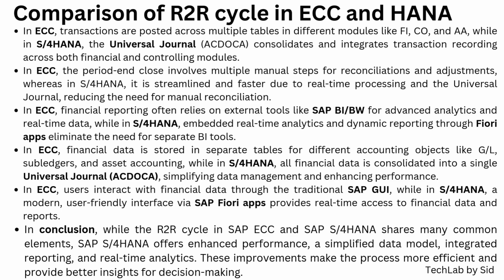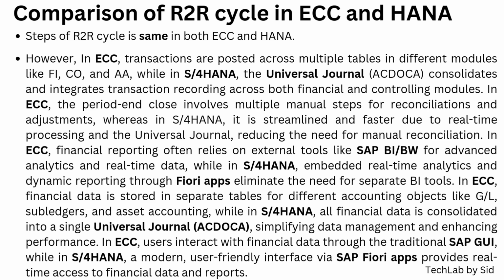Lastly, S/4HANA provides a modern, user-friendly interface through SAP Fiori, in contrast to the traditional SAP GUI in ECC. Overall, S/4HANA enhances the R2R cycle with real-time processing, integrated reporting, and a more streamlined data model, offering greater efficiency and better insights for decision-making.